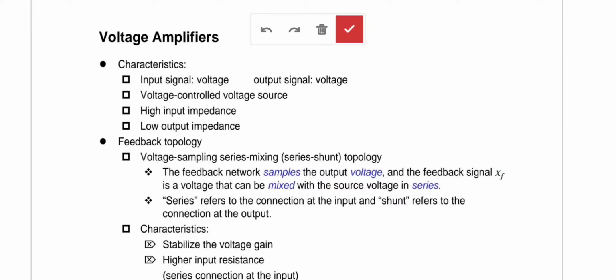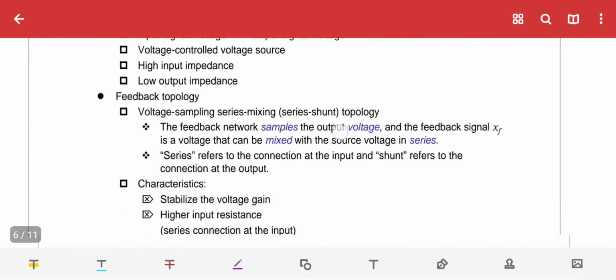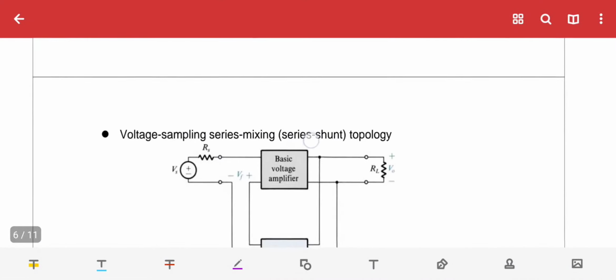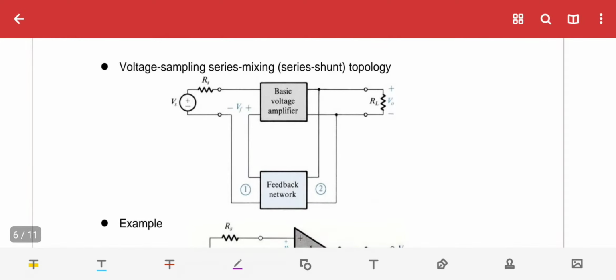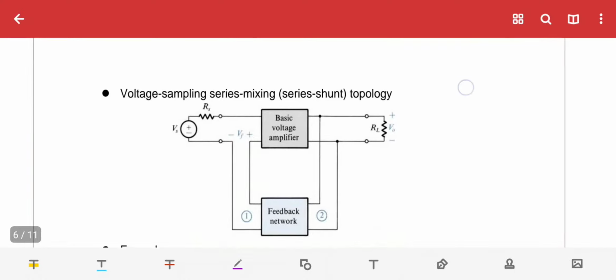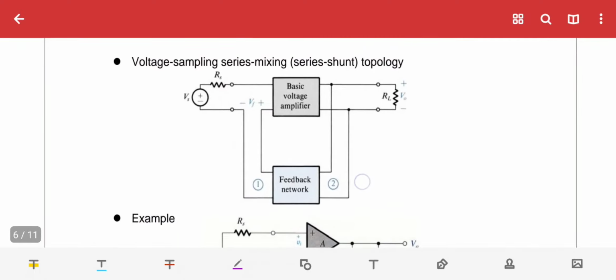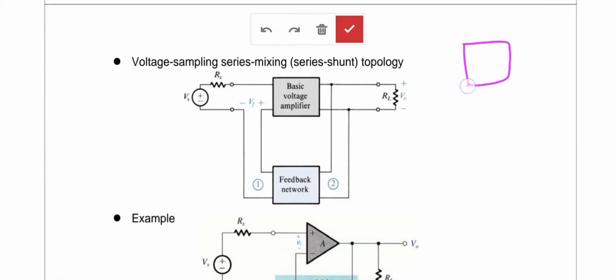Okay, so we will see the structure, then we will see the characteristics of the structure. So this is a circuit of voltage sampling series mixing or series shunt topology. For every feedback network we need an amplifier and a feedback network.